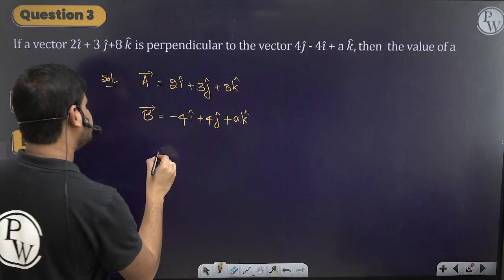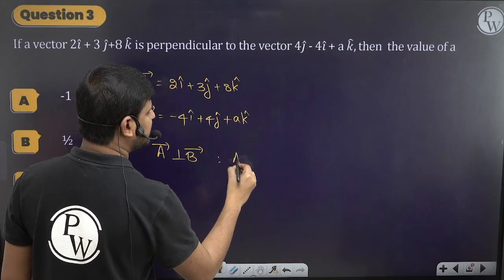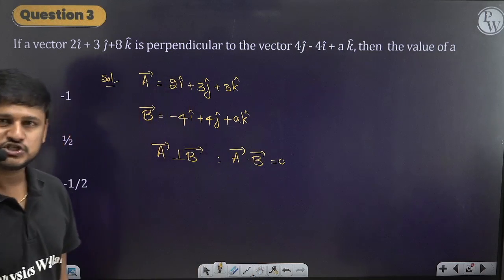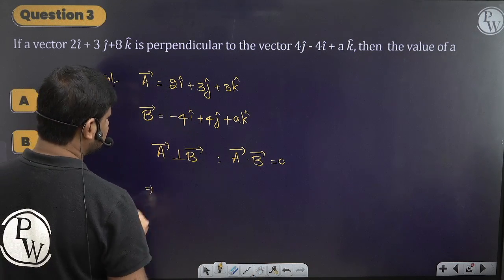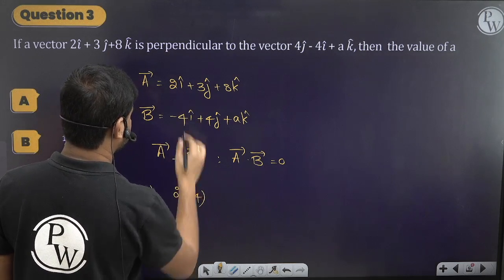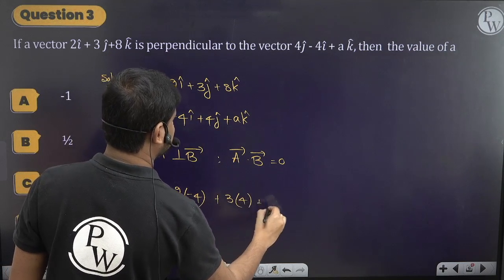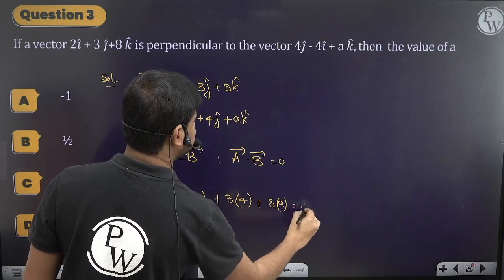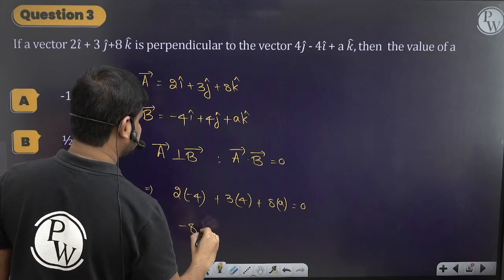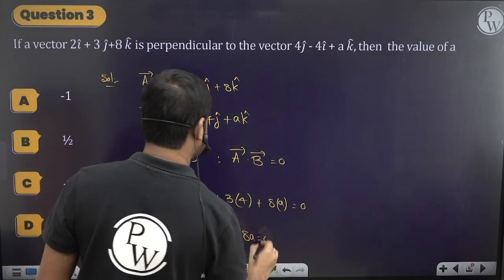They said these two vectors are perpendicular to each other. So if a is perpendicular to b, what is the trick we know? Their dot product will be equal to 0. So we can write 2 into minus 4, i dot i, plus 3 into 4, plus 8 into a, must be equal to 0. This is minus 8 plus 12 plus 8a equals 0.